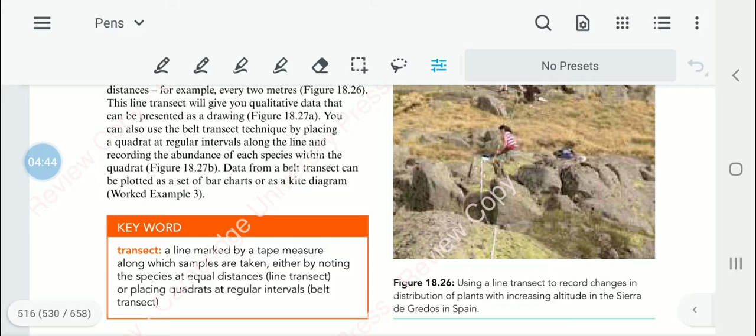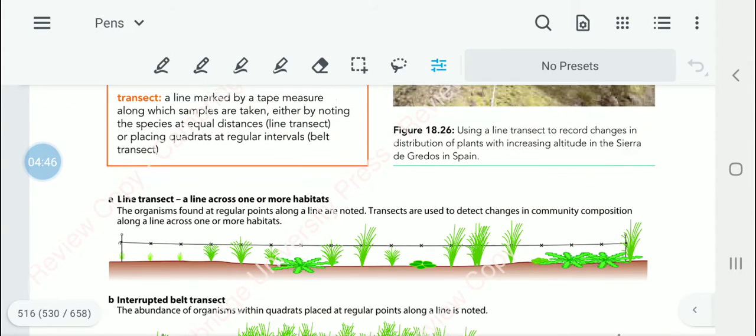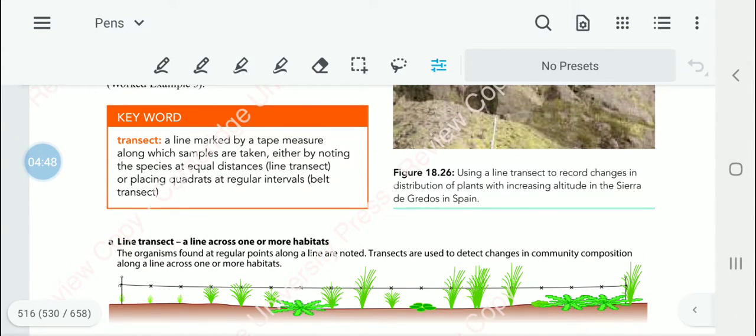That will also help us to understand how they work. So the keyword transect is a line marked by a tape measure along which samples are taken, either by noting the species at equal distances, that is a line transect, or by placing quadrats at regular intervals, that is a belt transect.